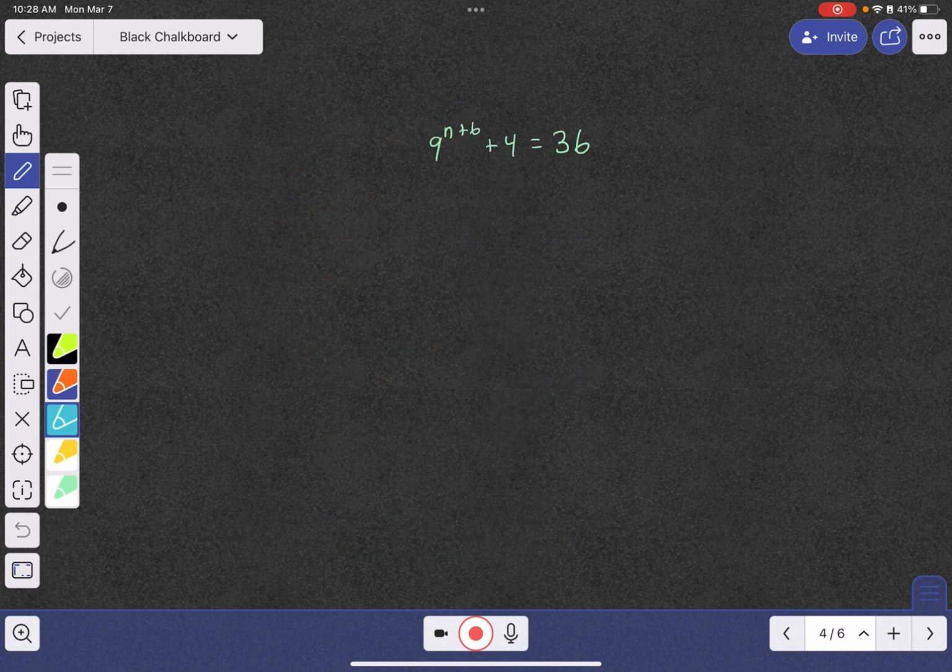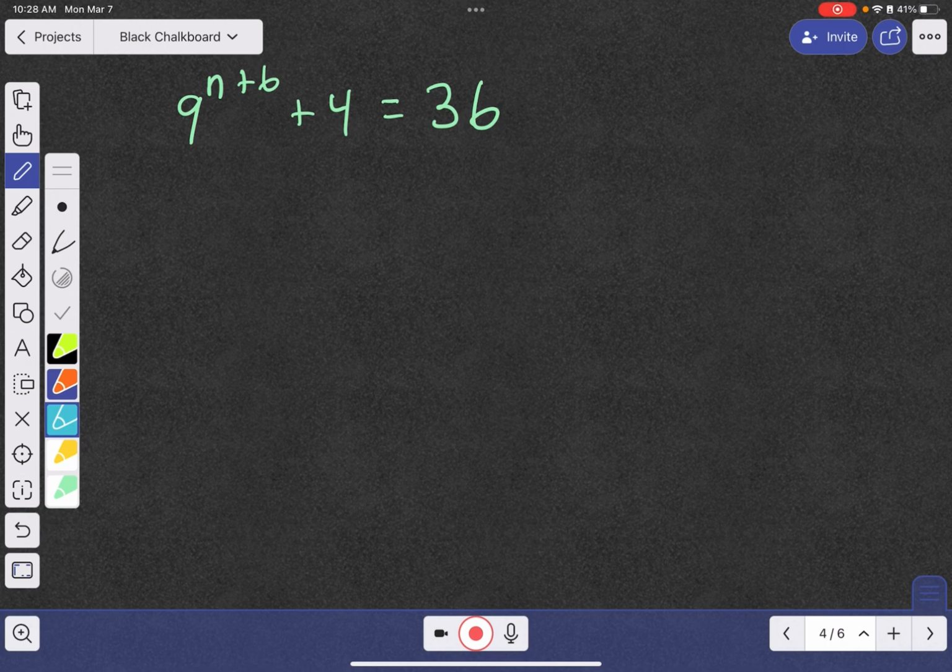Okay. So in this next one, we've got 9 to the n plus 6 plus 4 equals 36. Now we locate our base, which is 9 to the n plus 6, and notice that we've got 4 being added to it. It has to be isolated.